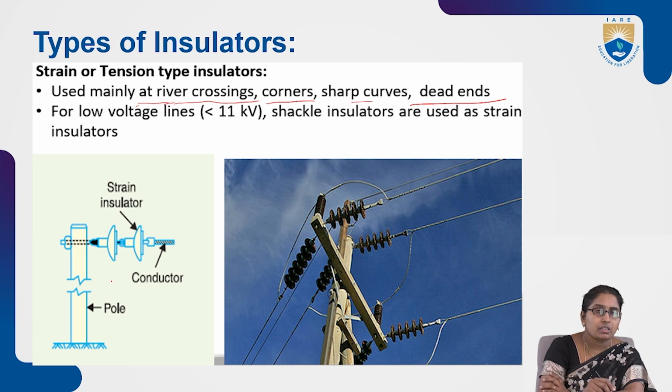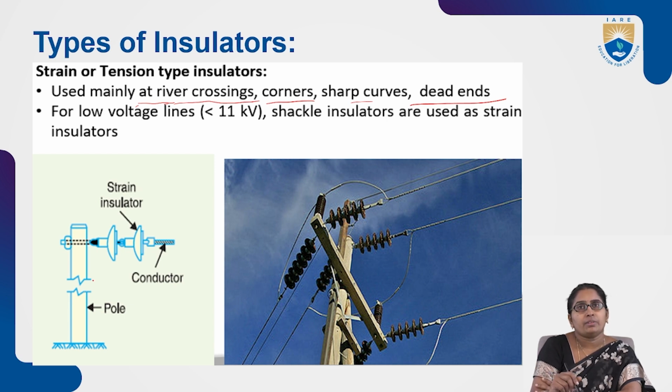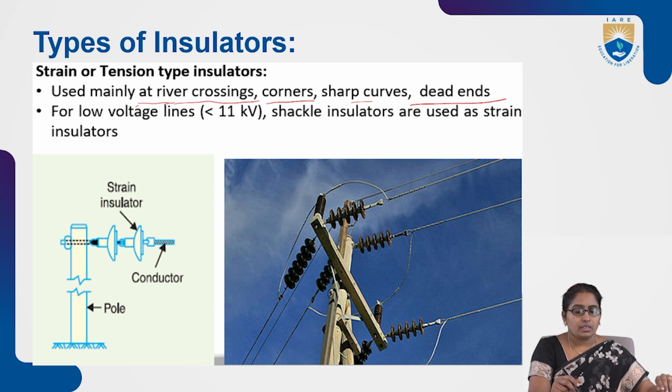You can see the left side diagram, but it is better to look at the right side figure first, where the strain type insulator is placed horizontally. It is at a turning point, or where there is a corner. That is a strain type insulator, placed in a horizontal position.